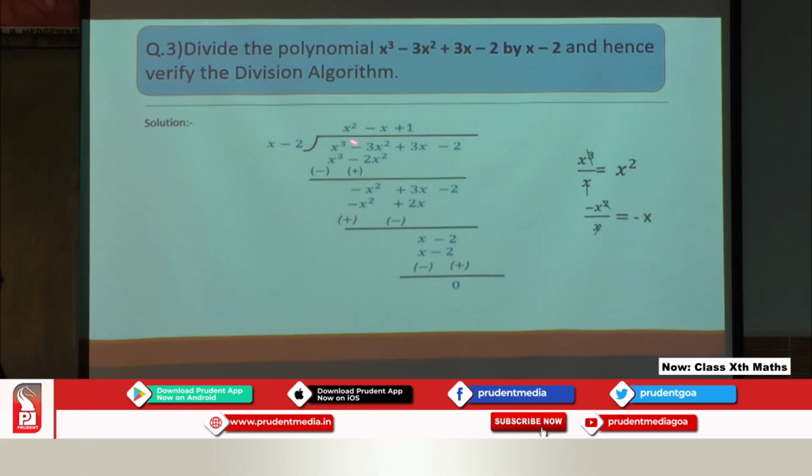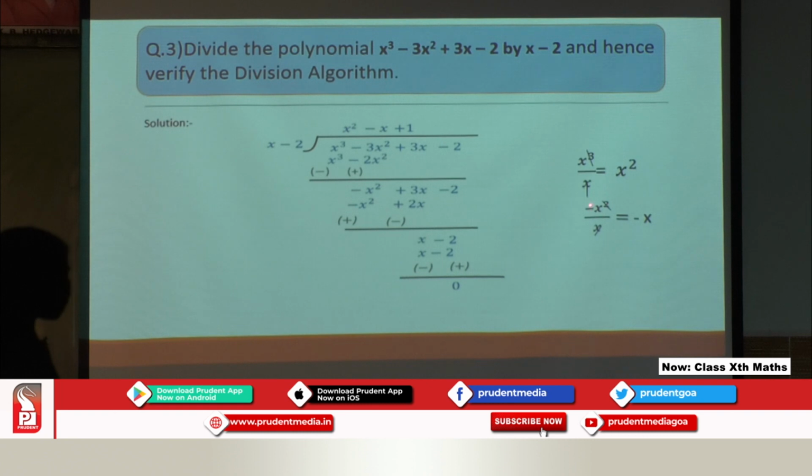Here also we should follow the same method. Now see, the first term of the dividend is x cube and the first term of the divisor is x. So we divide x cube by x; x and x cancel, and we get x square. This x square is the first term of the quotient.